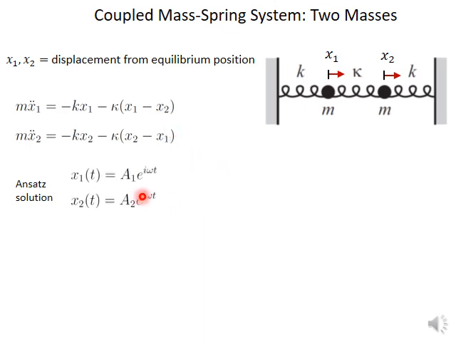So these are my guess, or ansatz solution, for this system, where x1 as a function of time is an oscillatory function multiplied by a constant a1, and similarly for x2 as a function of time as well.